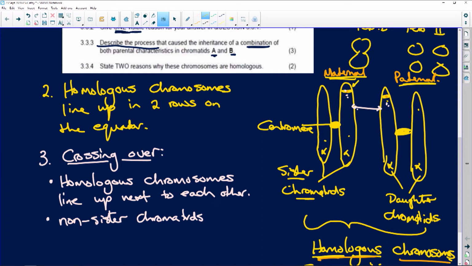These 2 are therefore called non-sister chromatids, okay? Because they don't belong to the same chromosome. This one is a different chromosome to that one. Okay, so now let's go back here.